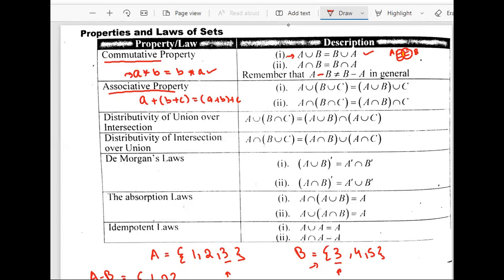Right now, I'm talking about the easy ones because we have just started, and I don't want you to cover a lot on your own, but I will not explain every property in detail because some are very basic. And if you want me to, I certainly will. Don't worry about that. So the associative property, the way we define it for addition and multiplication, this is how we are defining it for union and intersection. A union B union C equals A union B union C, right?